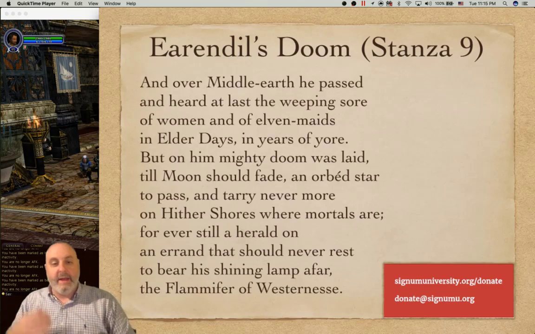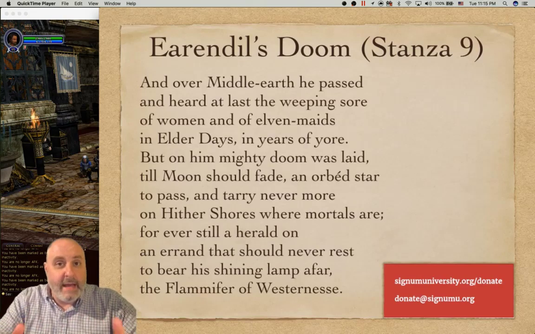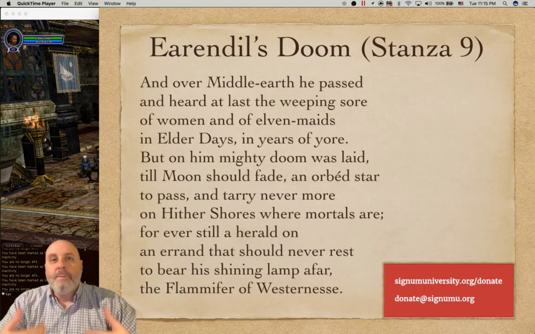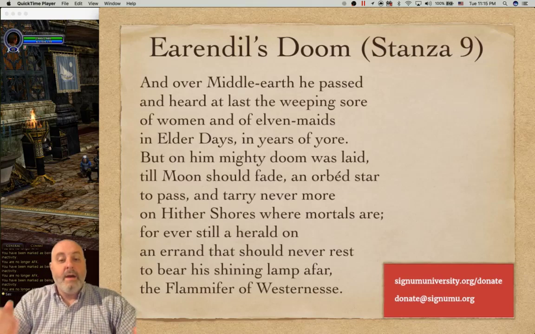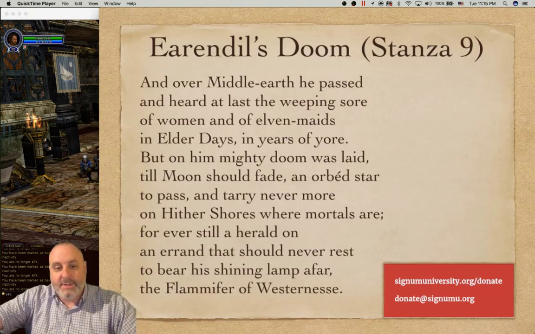Till moon should fade, an orbed star to pass, and tarry nevermore in hither shore where mortals are. The next part, it's associated with the doom, but it's no longer modifying it grammatically, right? He has been doomed to be forever still a herald on an errand that should never rest, to bear his shining lamp afar.